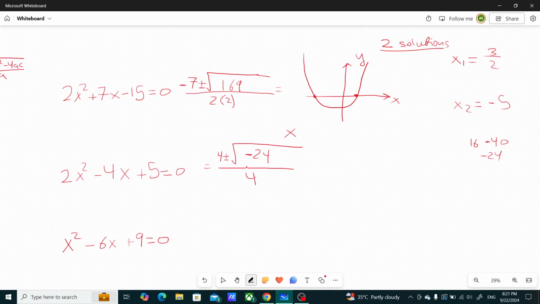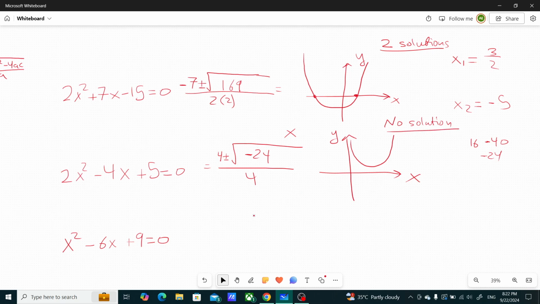So for this particular quadratic function, I cannot get solutions. I don't have solutions. I will probably have a quadratic function that looks like this, where I don't have any intersections with the x-axis, and this is the case of no solution.